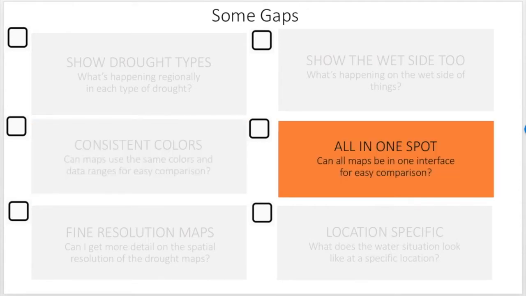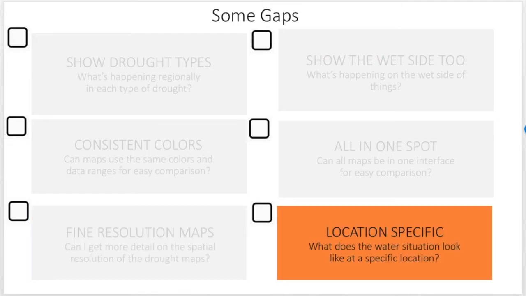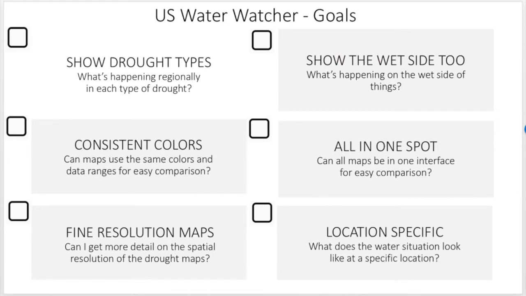Having maps all in one spot would help make comparisons too. And maps of drought at the highest resolution possible would be useful for looking at differences locally. And finally, location-specific drought information, such as for a point location, would aid local decision making. So in creating the U.S. Water Watcher, these were our goals.